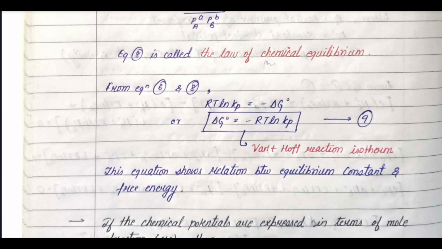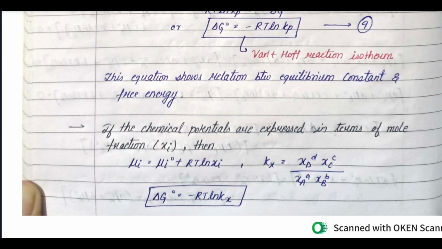From equations 6 and 8, RT ln Kp equals minus delta G naught, or delta G naught equals minus RT ln Kp, equation 9, the van 't Hoff reaction isotherm. This equation shows the relation between the equilibrium constant and free energy.